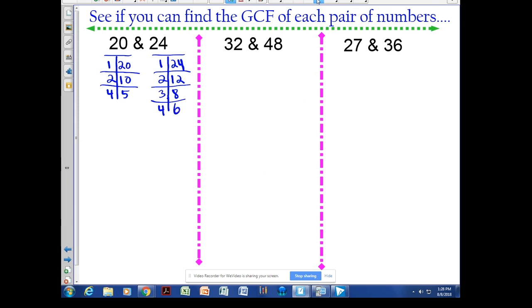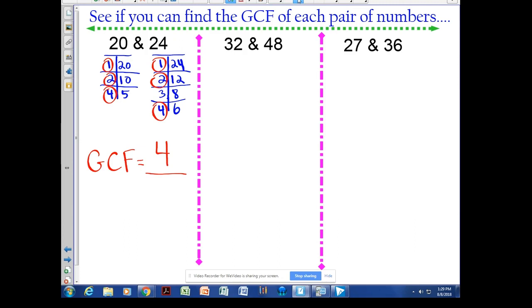Now I'm going to circle all the numbers that they have in common. And I could see that my greatest common factor must be equal to the largest one that they both have in common. And the largest number that 20 and 24 have in common is 4.